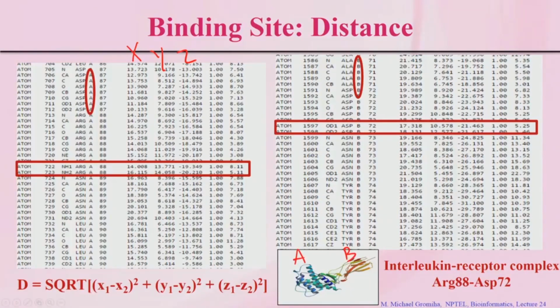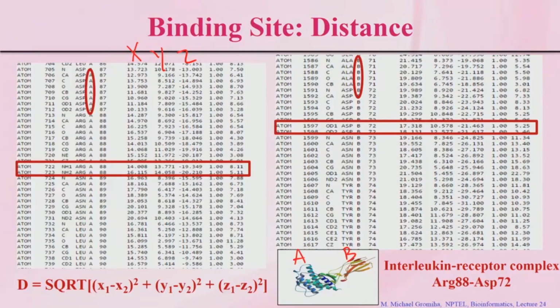You have the coordinates here for chain A and these are the coordinates for chain B. Now, take the atoms of any residue and calculate the distance with any of the heavy atoms in the second chain and set the distance cutoff at, for example, 5 angstrom. If this distance is less than 5 angstrom, then you can say the residue in chain A and the residue in chain B are in contact and they are interacting with each other.